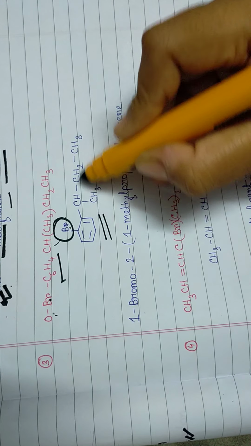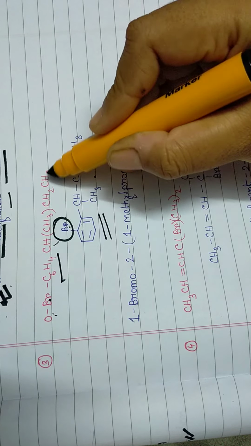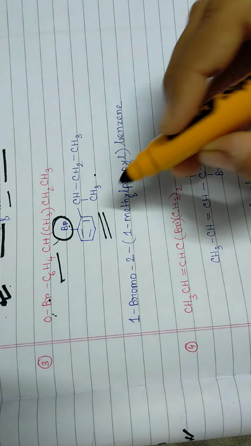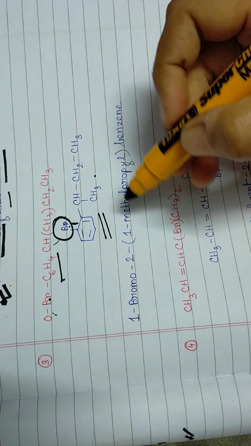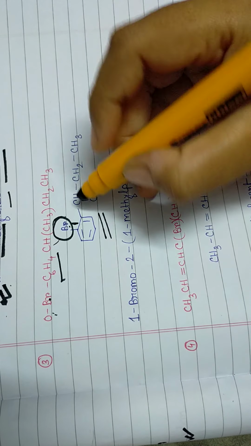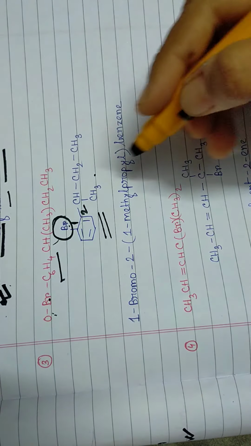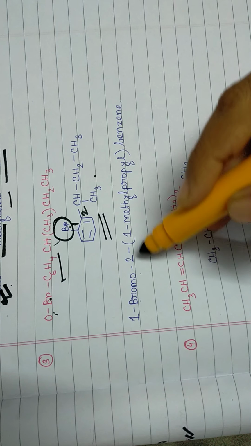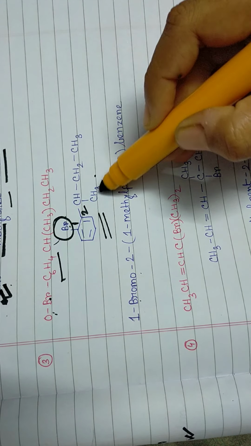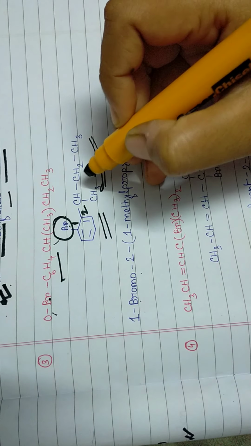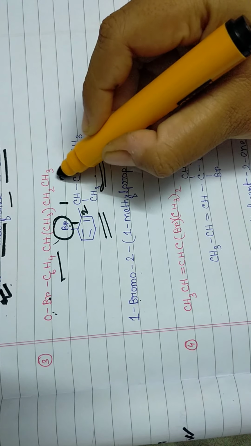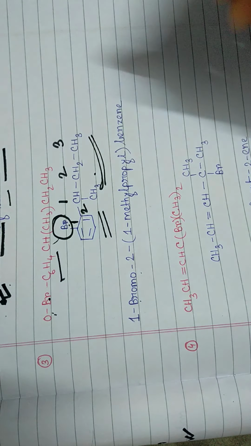After this, the rest of the molecule comes. Since the halogen has the higher atomic number, this carbon will obviously be 1 and this one will be 2. So 1-bromo and 2. But what will be for this whole group? For this group we have to give the numbering once again: 1, 2 and 3.